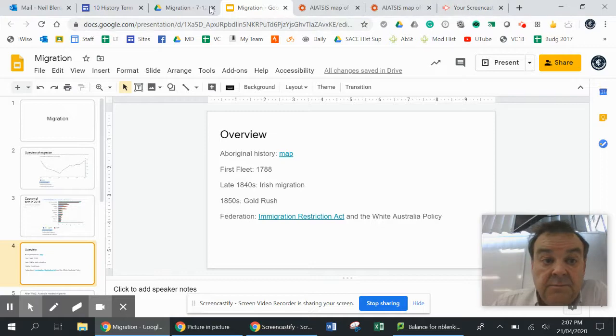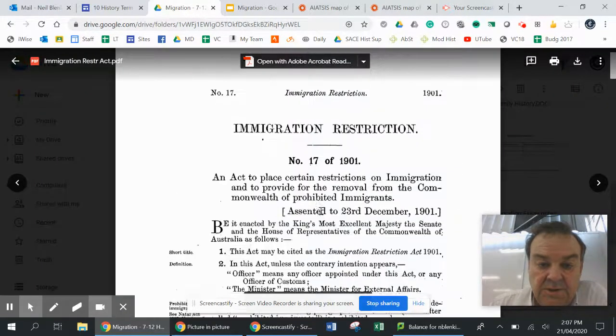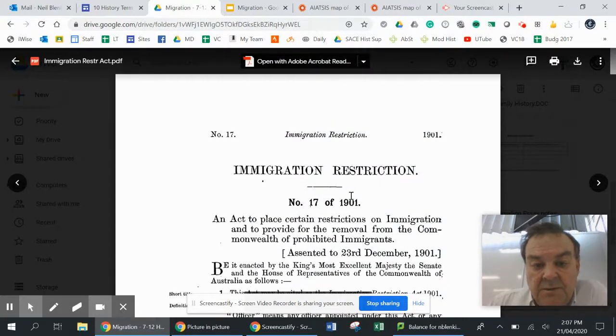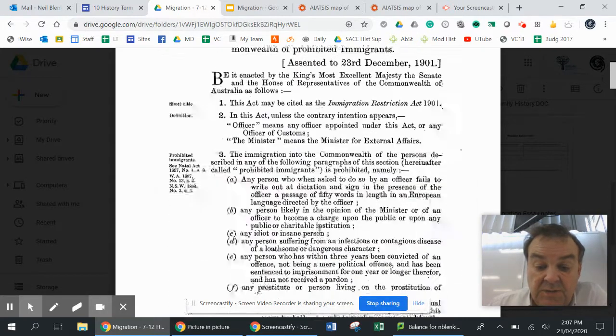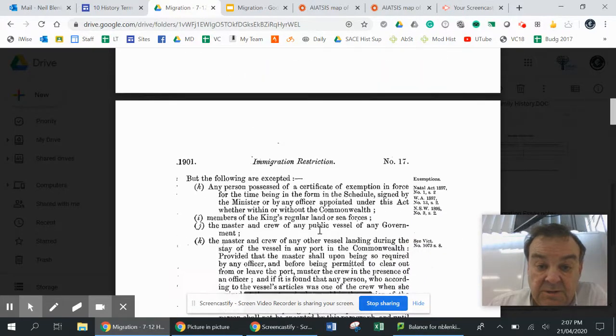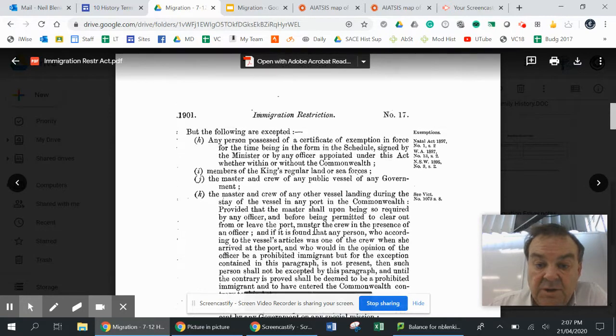Now, I want you to look at this. This here is the Immigration Restriction Act, 1901, an act to place certain restrictions on immigration and to provide for the removal from the Commonwealth of Australia of prohibited immigrants. There's a few things that are listed. On the second page it says who can come and migrate to Australia.